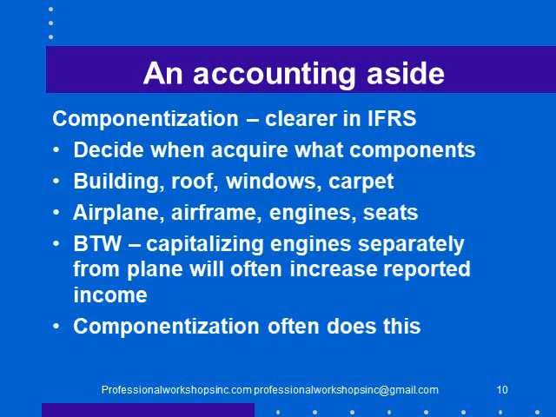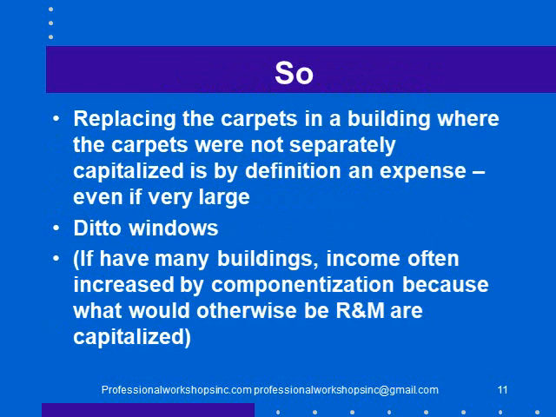If you capitalize buildings, break all the bits out separately, and you've got a lot of buildings, it will make your income higher. So replacing the carpets in a building where the carpets were not separately capitalized at the beginning is by definition an expense, even if it's very large. Ditto, they replace the windows.